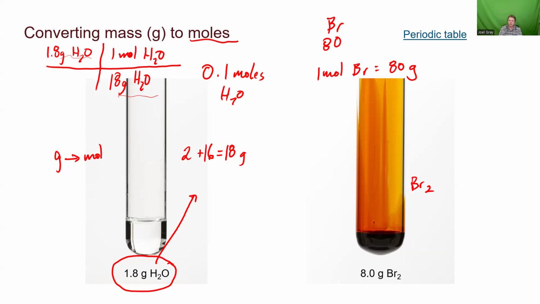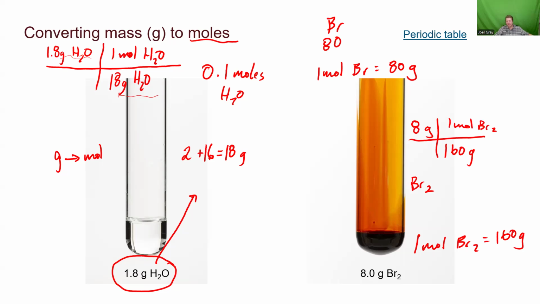Well, there's 2 bromines. So this is a place where it gets kind of tricky. 1 mole Br2 is 160 grams. So we've got 8 grams, 160 grams, also of bromine, is 1 mole Br2. So 8 divided by 160.